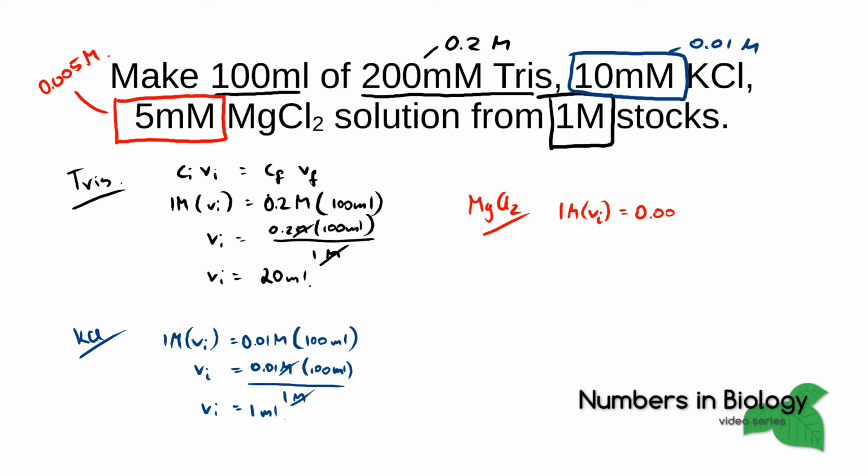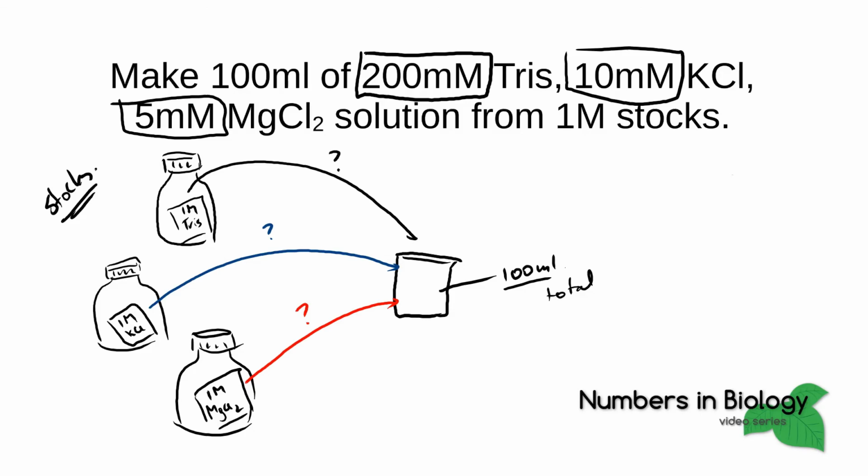So we plug that in, 0.005 molar, times, again, we're making 100 milliliters of this stuff, so 100 is still your final volume. Solve for VI, so 0.005 molar times 100 milliliters divided by 1 molar. So again, the moles per liter cancel out, so we're going to have milliliters as our final units. So VI is equal to 0.5 milliliters. So let's go back to our sketch.